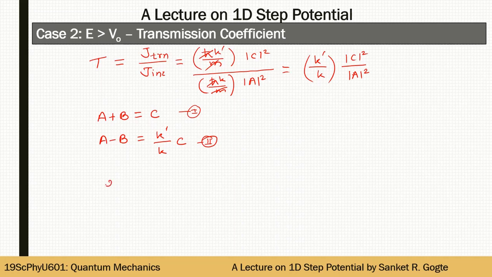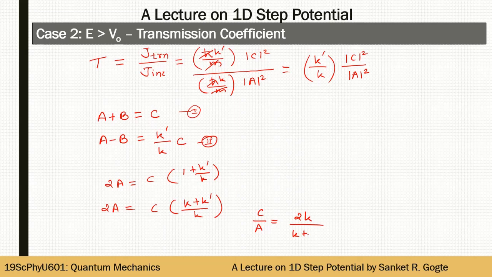If I add them, I get 2A is equal to C into (1 plus K prime by K), or 2A is equal to C into (K plus K prime) divided by K. So therefore I can now have the C by A ratio. Let me write it here so I have sufficient space. So C by A is 2K divided by K plus K prime.